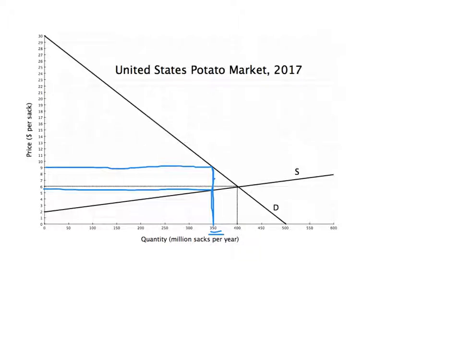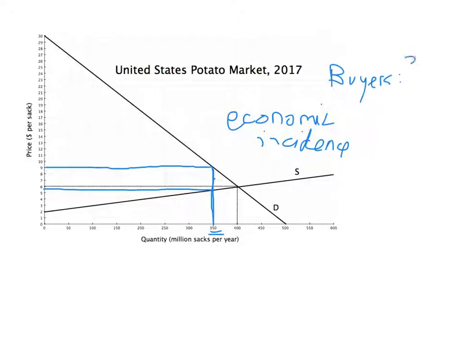I'm going to throw in a bonus here. I talked about it in class, but economic incidence. What we mean when we say economic incidence is who pays what share of the tax. So the tax is $3.50, so buyers paid $3 out of $3.50. Usually we express that as a percentage.